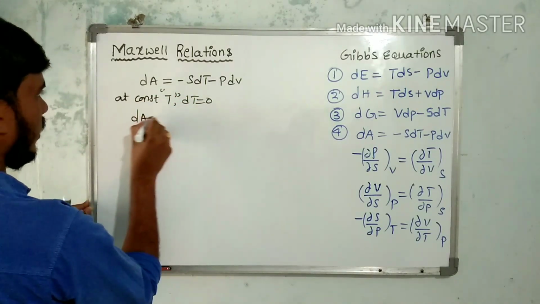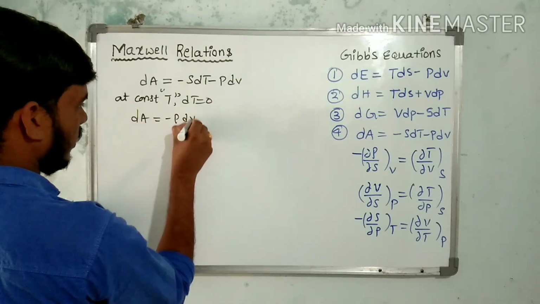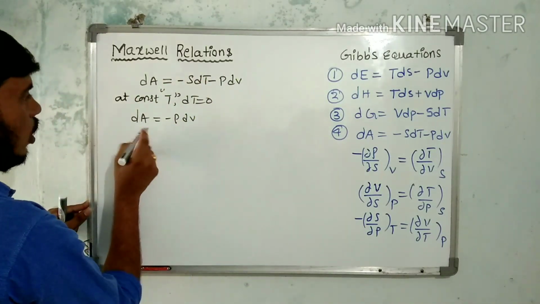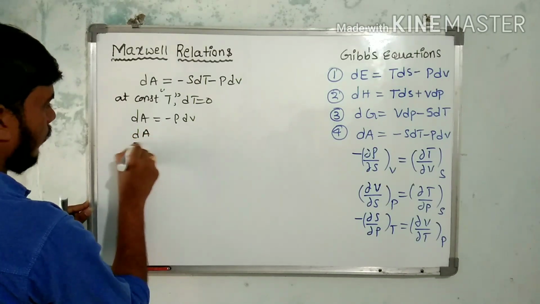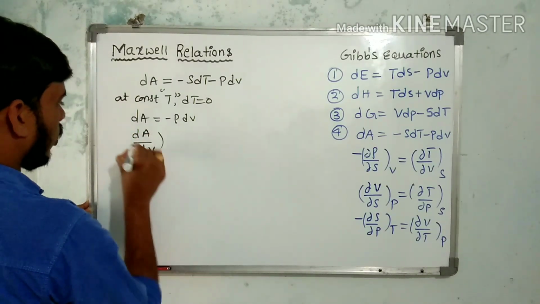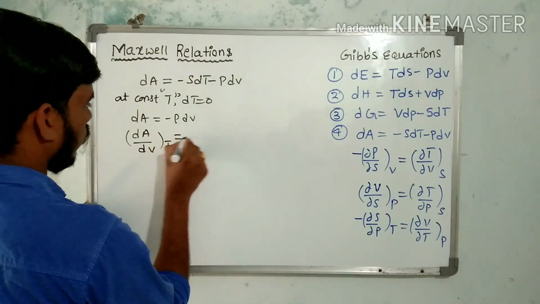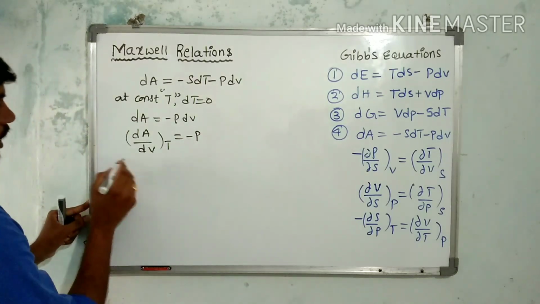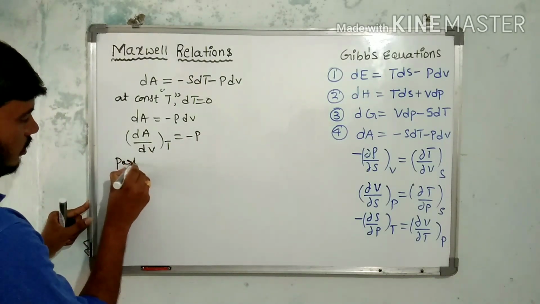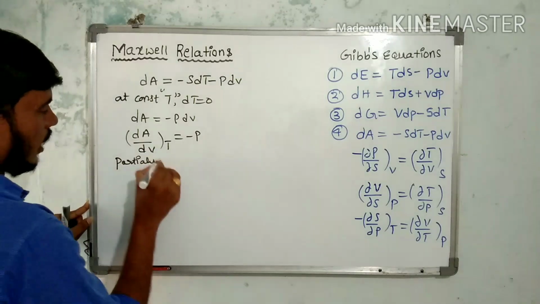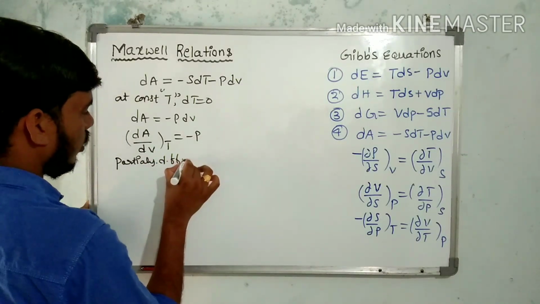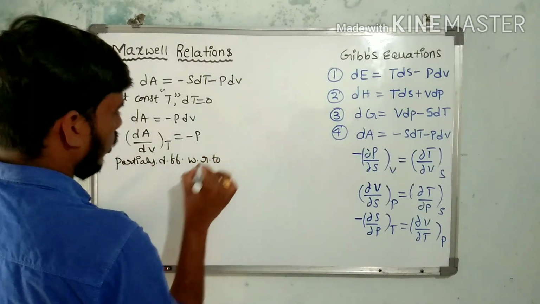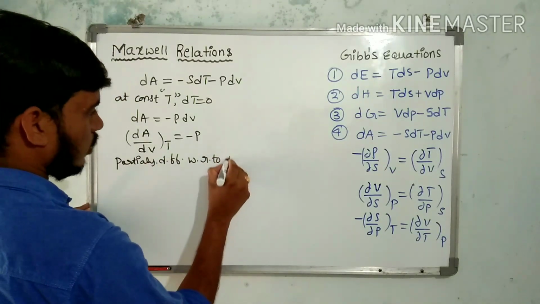Now dA equals minus PdV, because the other term is also 0. Now ∂A/∂V at constant temperature is equal to minus P. This is partial differentiation with respect to temperature.